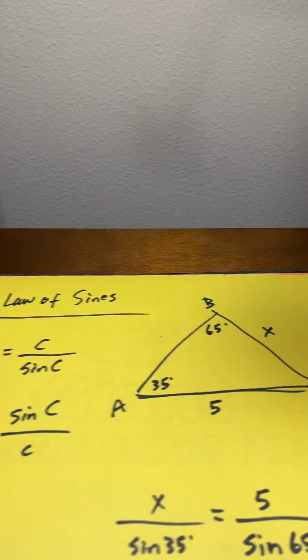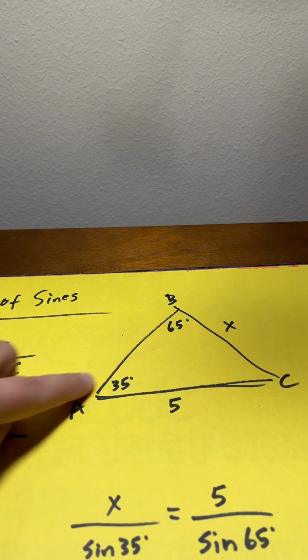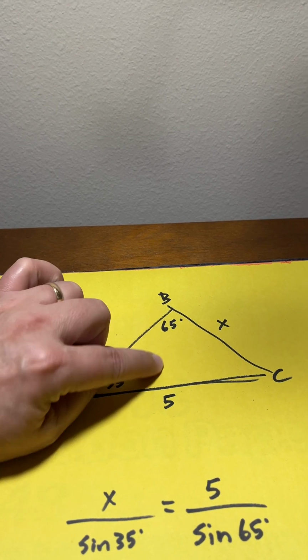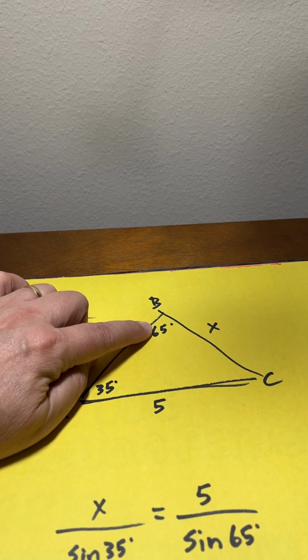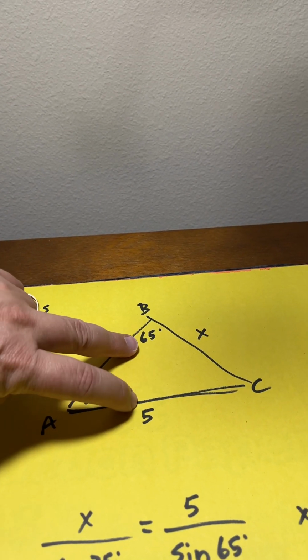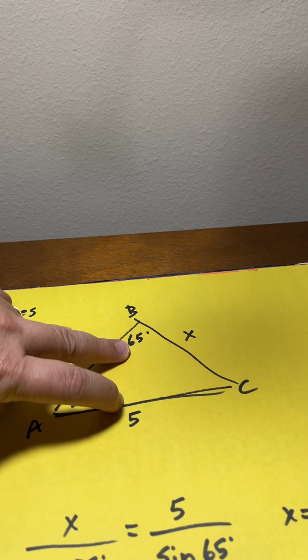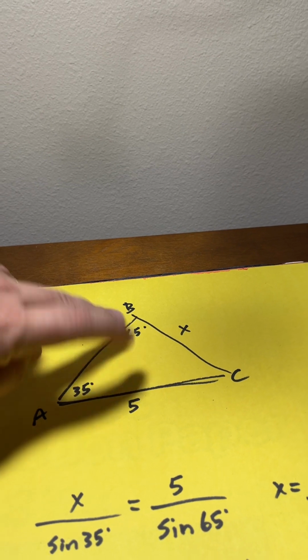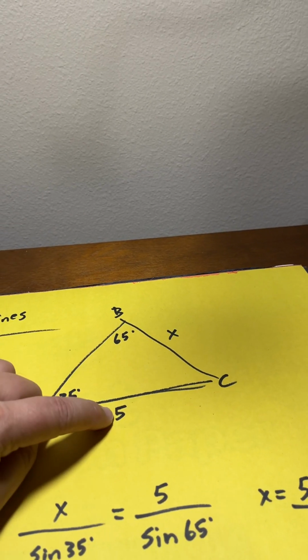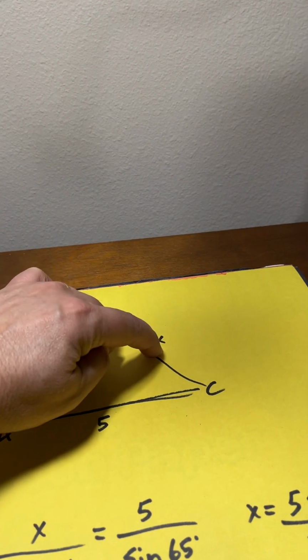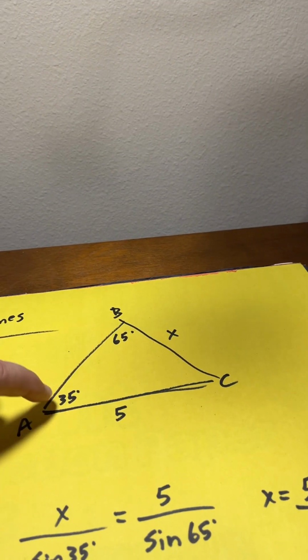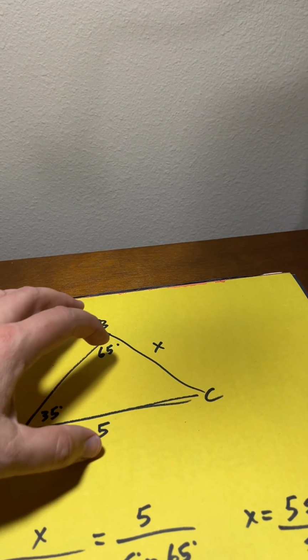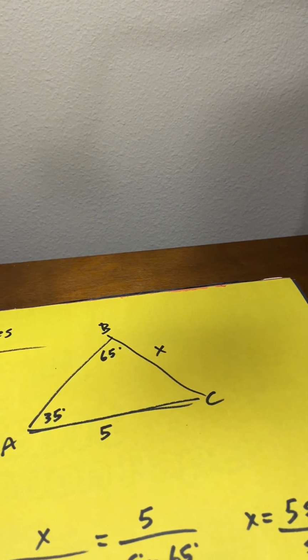I want to definitely use the angle and the side that I know both of those values on, because you can't have two unknowns. So I'm going to use this as a pair, and then I'm going to use this as a pair. So I'm trying to find this, so I need to use this, and then this is going to be helpful to help me find that.